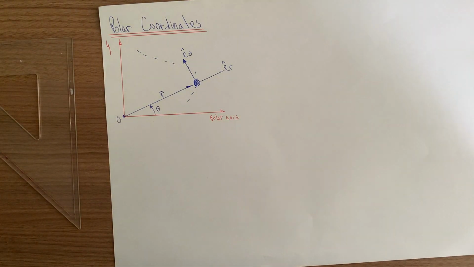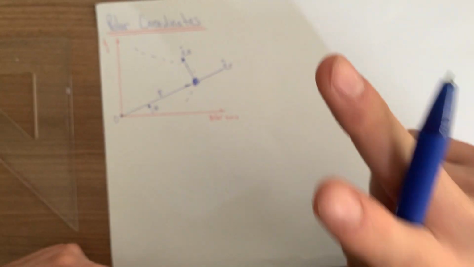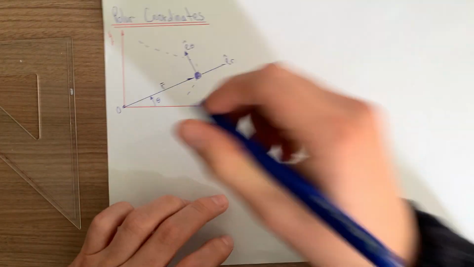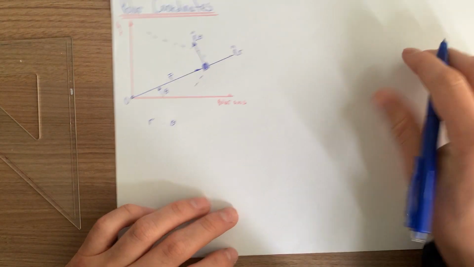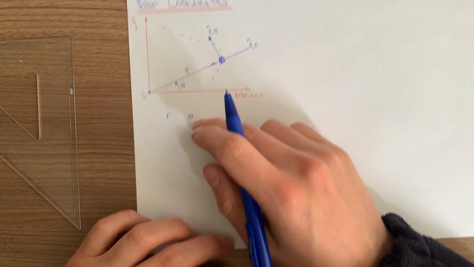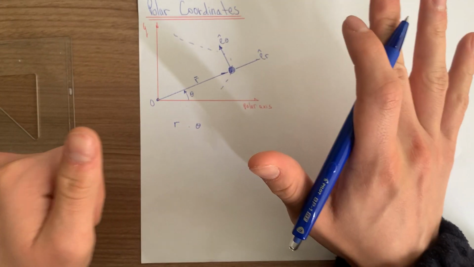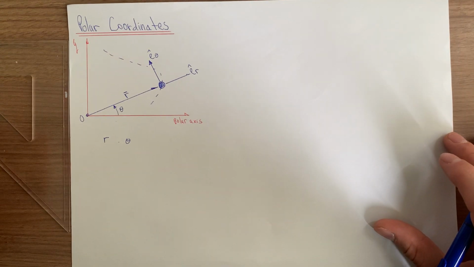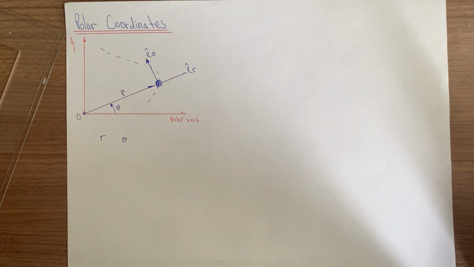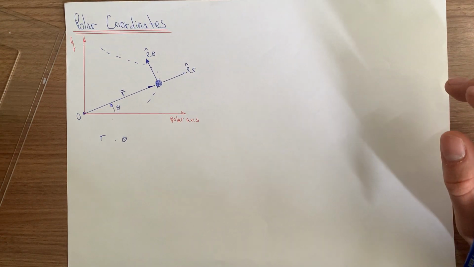Now, as you see, we have two super important variables here, which are the radius and the angle. And with these two, we're going to have six important variables that are going to be useful for our expressions of speed and acceleration.